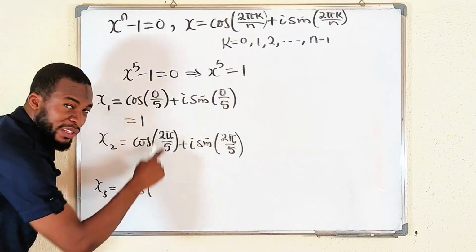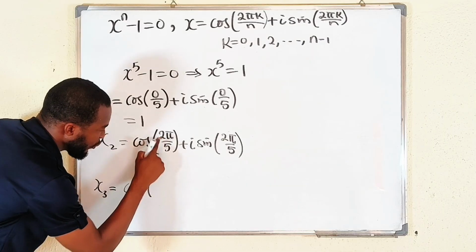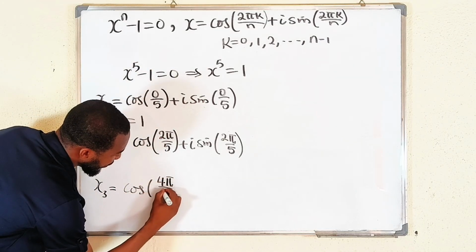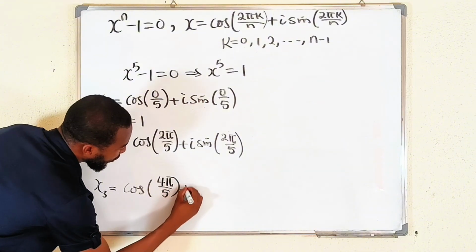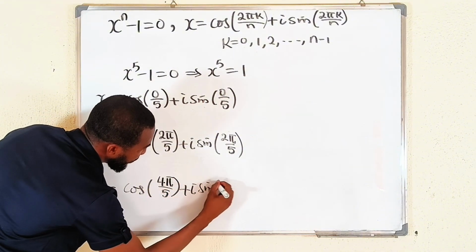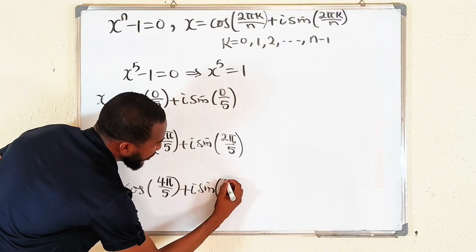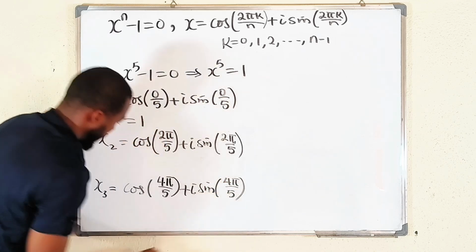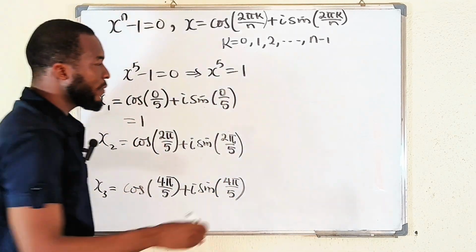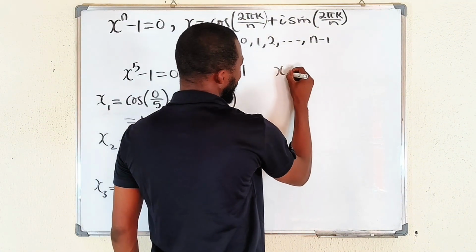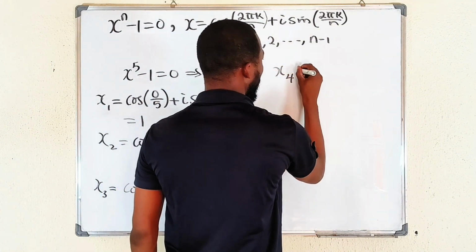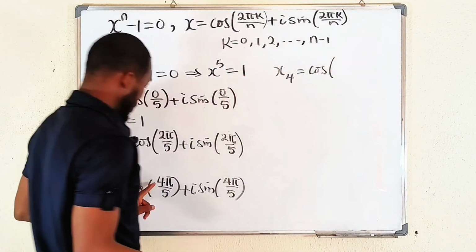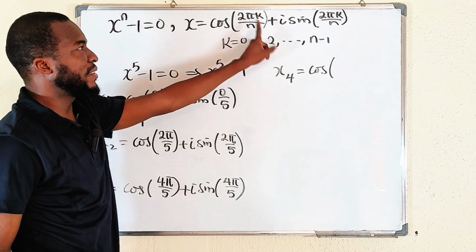It is going to be even: from 2 to 4 to 6. 4 pi divided by 5 plus I sine of 4 pi divided by 5. x4 will be cosine of, when it's 3, 3 times 2 is 6.